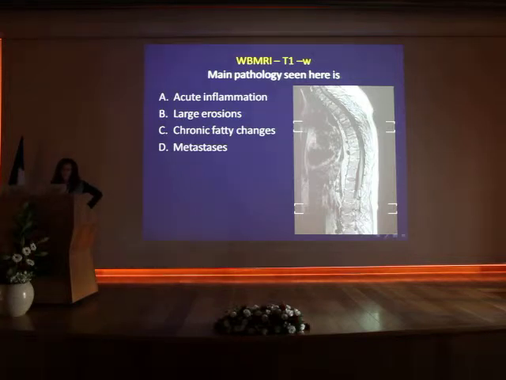So these are fatty changes, and that's part of the inflammatory process in the spine of patients with spondyloarthritis. They begin with inflammation, which will be seen on T2 weighted images as high signal in the corners. They are related to the enthesis, to the ligament here, and bone marrow edema is related to enthesitis in that area.